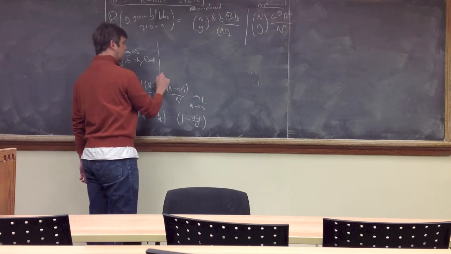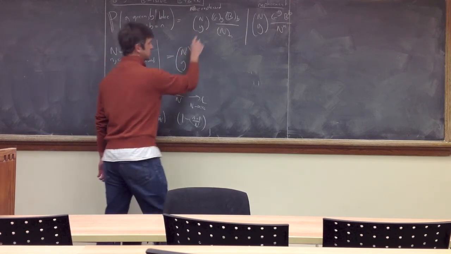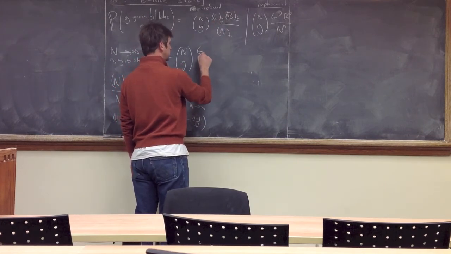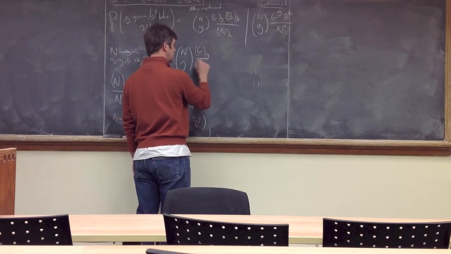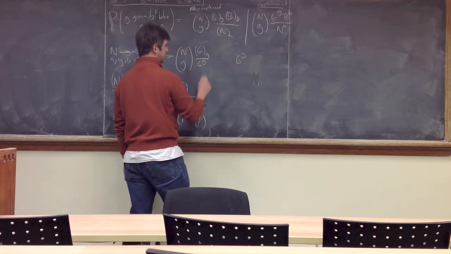So using that, let's see what we can do. We're going to rewrite this, and we just keep the factor in the front, which is the same for both of them. Now this one, I'm going to write it as G over N, to the g, and then I get a G to the g that just cancels with that.